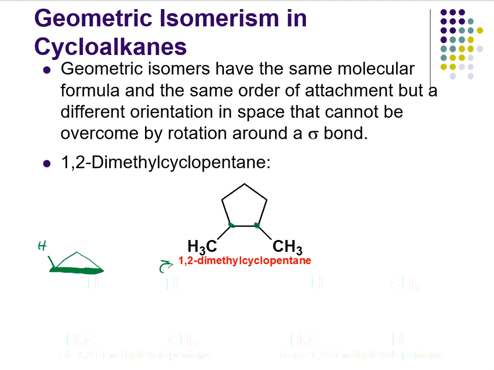And they'll have maybe a hydrogen pointed up and a hydrogen pointed up, and maybe a methyl group that's pointed down and a methyl group that's pointed down. Well, this gives me an idea of the orientation of the methyl groups. So if this was truly cyclopentane, and I can maybe make that change. There you go. If that was truly cyclopentane, these two methyl groups are pointed in the same direction. They're both on the back side or the underside of that ring structure, right?